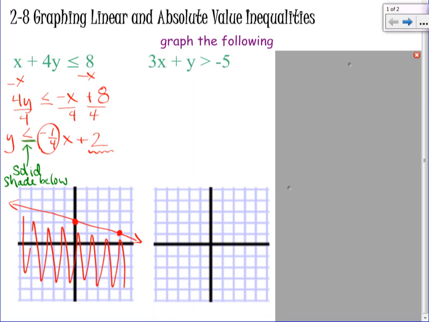This one. We'll get y by itself. We got this. Now it's in slope-intercept form. All right, so where's my first dot? And then I go where?